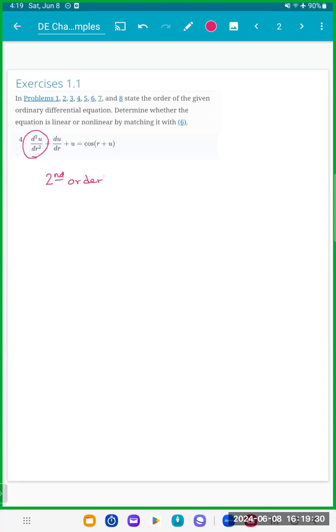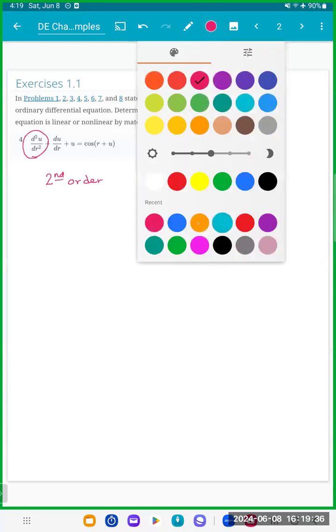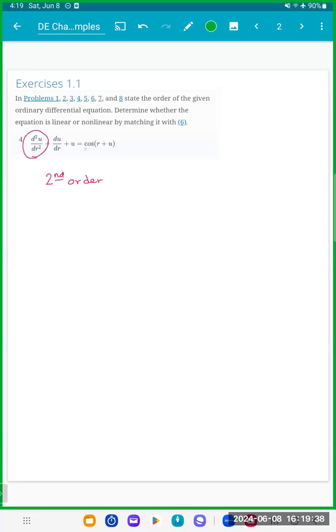Okay, so it's a second order differential equation. And then this portion right here, where we have this cosine of r plus u, this right here shows us that it is nonlinear. Okay, so this is a second order differential equation and it is nonlinear.